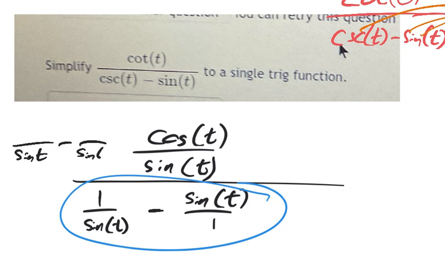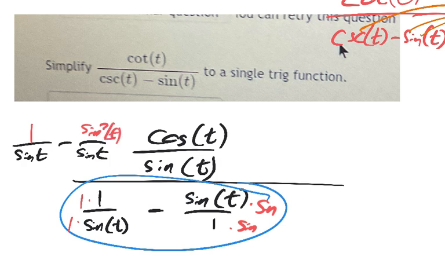Y'all are scared to say that, aren't you? So this used to be sine. I want it to be sine. How could I get from sine to sine? Multiply by 1. It already is there. This used to be 1. I want it to now be sine. How can I get from 1 to sine? So I have to multiply the numerator by sine. So sine times sine is sine squared.